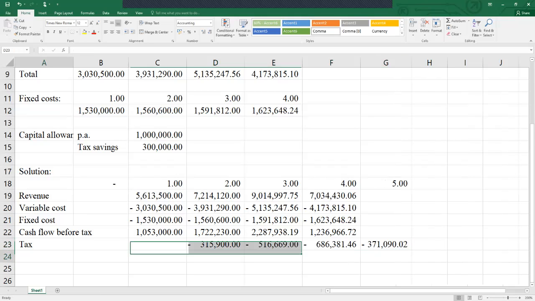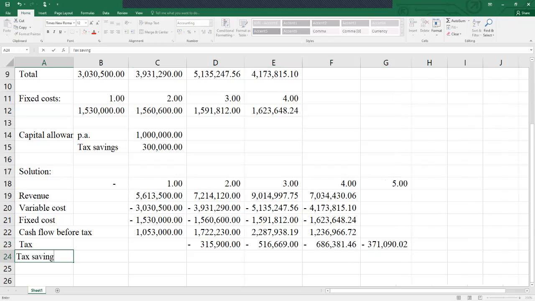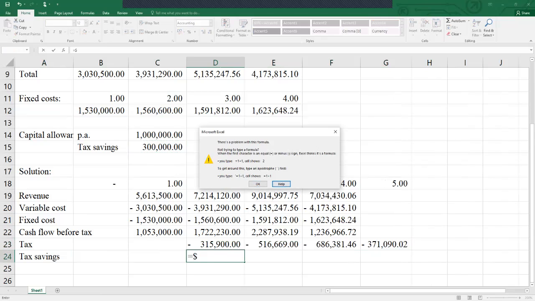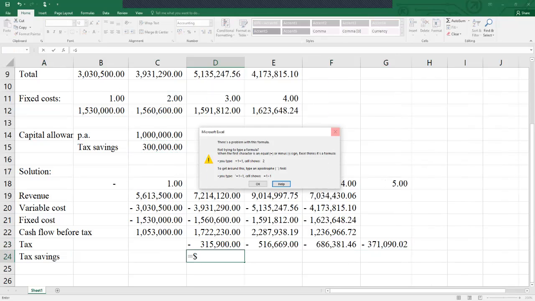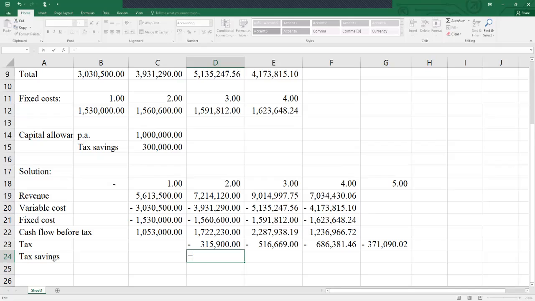However, your tax savings that you already computed, per year it is equal to 300,000. This is from year 2, don't forget, because it is also in arrears. I want to lock the cell because it's the same for the entire period. I reference the cell, then put the dollar sign here because I want to lock that cell.